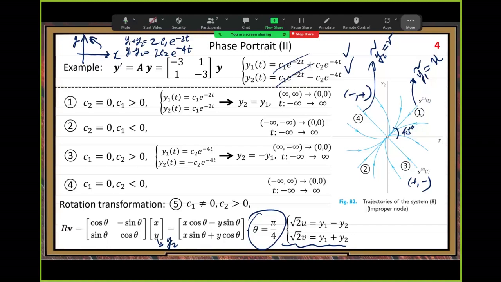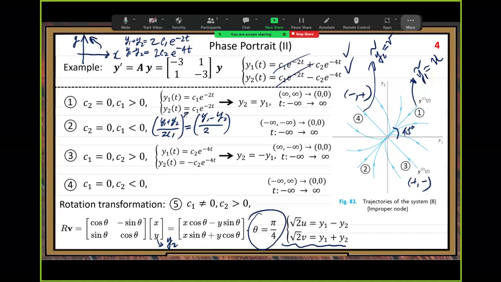Because you told me square, that actually means y1 plus y2 over 2 C1 is the square of y1 minus y2 over 2 C2.